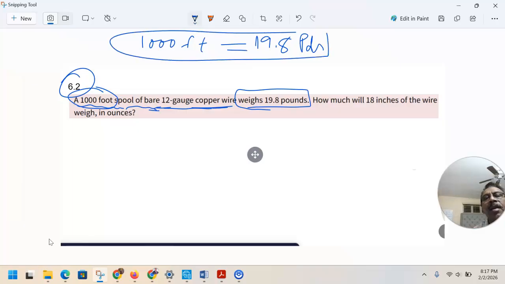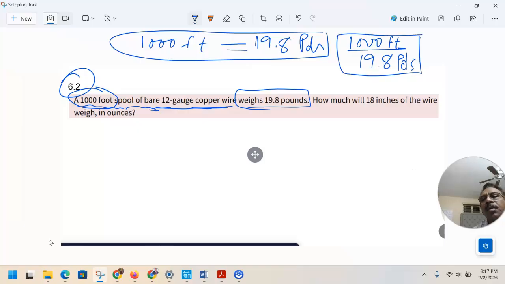This is one way to write it, or you can say 1,000 feet divided by 19.8 pounds is one of the rates, or you can say 19.8 pounds divided by 1,000 feet. These are all the information they give.